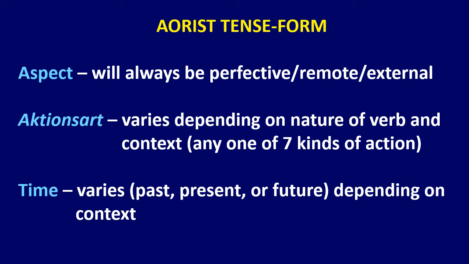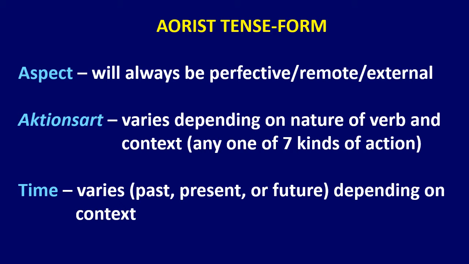Now, what is not fixed is aktionsart for the aorist tense form. We saw in the last lesson that the aorist tense form is capable of being used in a variety of ways to describe different kinds of action. And that's dependent largely on the context as well as the nature of the verb. And there is some disagreement on certain verbs in certain contexts as to what kind of aktionsart they really have.